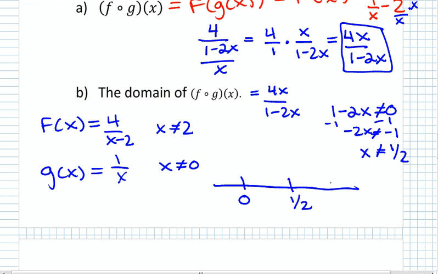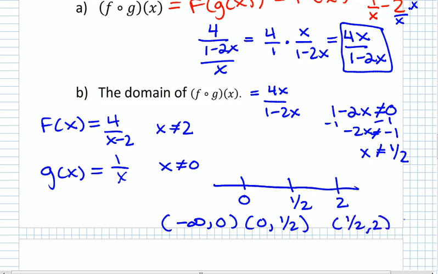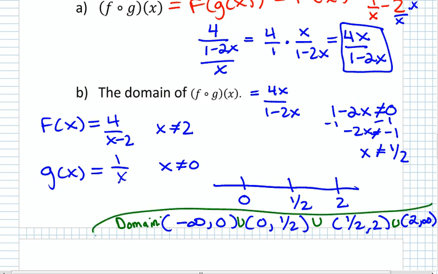And to write it as an interval, I basically say that it can be less than 0, between 0 and 1/2, and between 1/2 and 2, and greater than 2. Those are all the intervals that it can be. Now don't forget, you have to put the big U there to mean that you're combining all these intervals. But this is the domain of f of g of x.